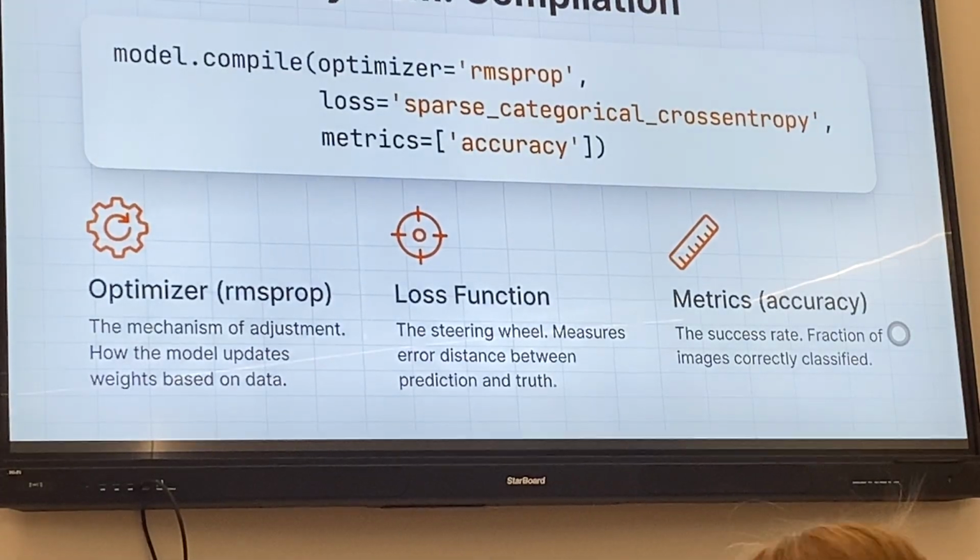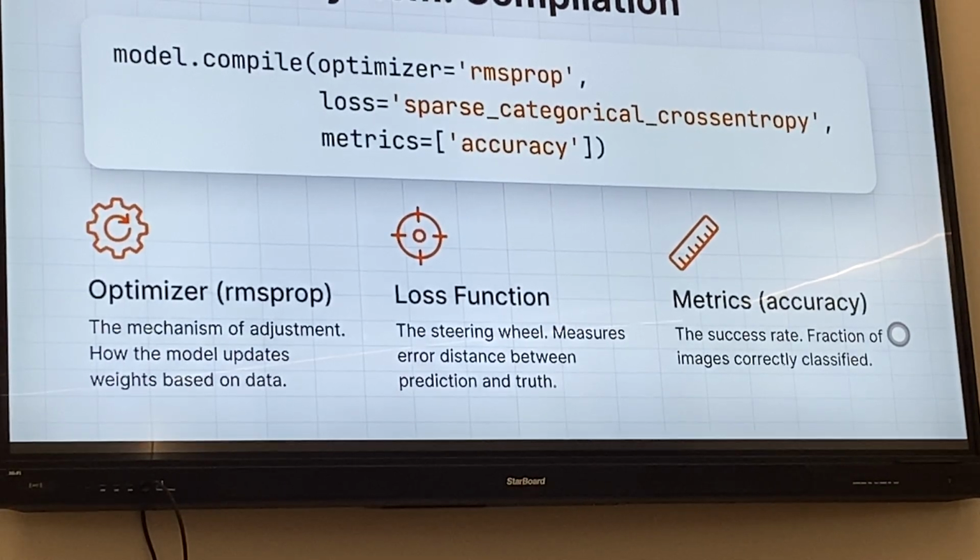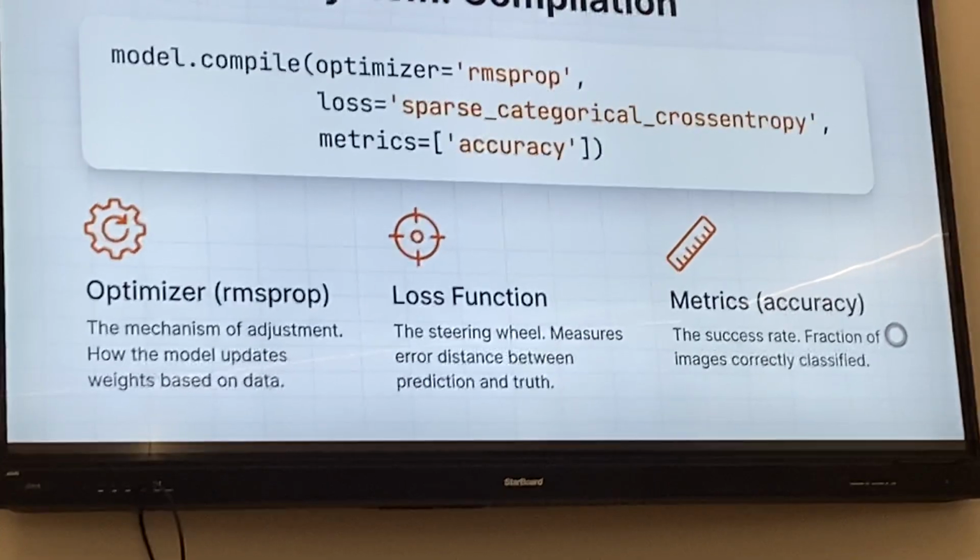Okay, so we start with the optimizer. Remember that we said once we set up the architecture and we have all the parameters that we would like to train, we start feeding training data, and then there is something called backpropagation happening, right? But we said that at the heart of backpropagation there is something called gradient descent.